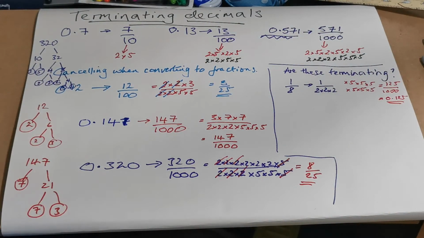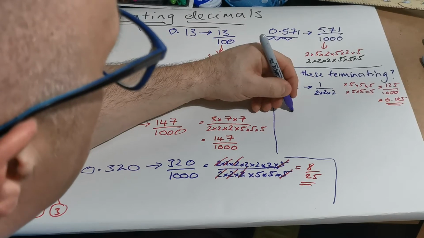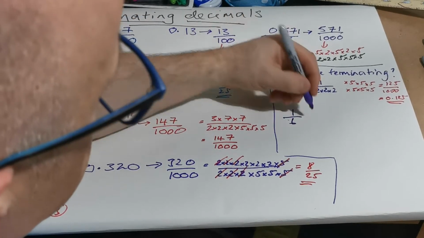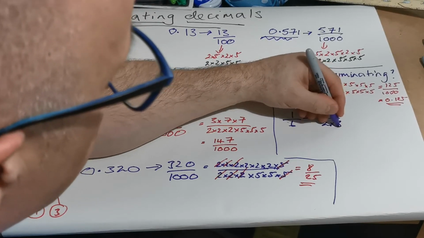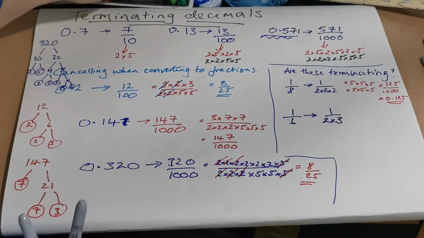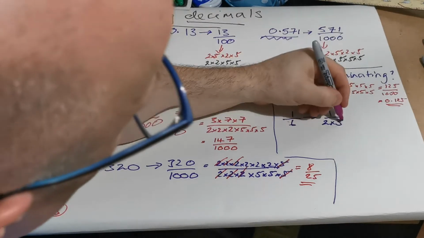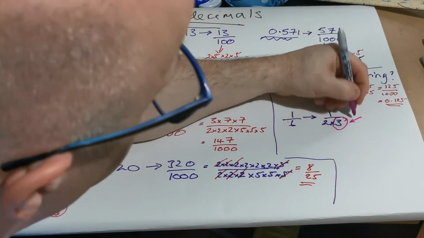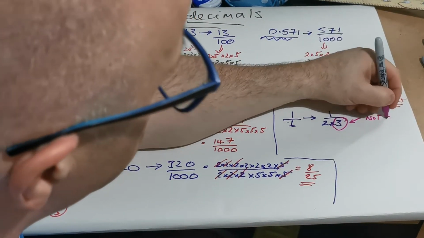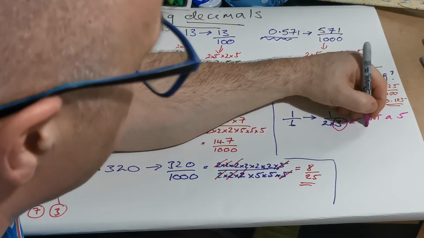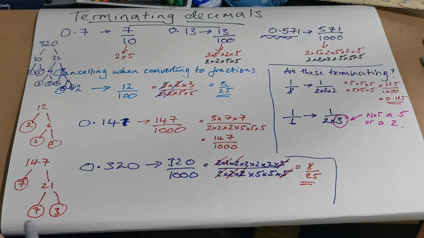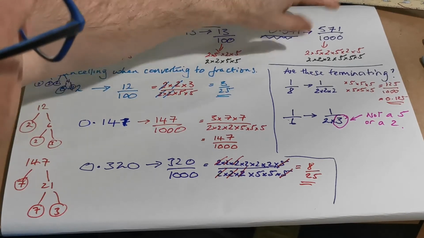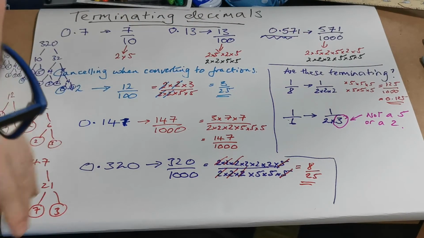Now, if I said, well, what about a 1/6, which is 1 over 2 times 3. Oh, but when I look at that, the 3 is not a 5 or a 2. So that means that I can't get this pattern of tens, hundreds, thousands, 10,000s, 100,000s, millions.